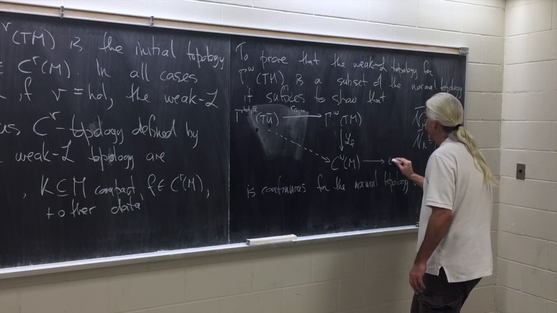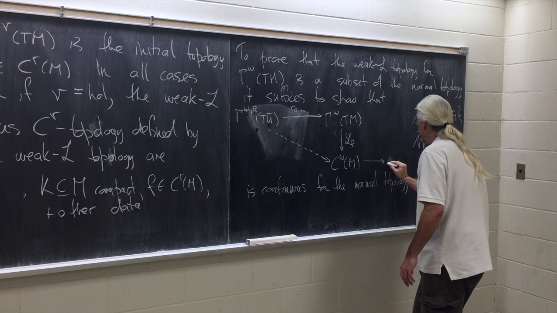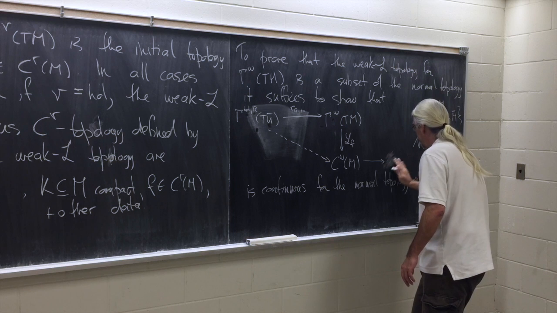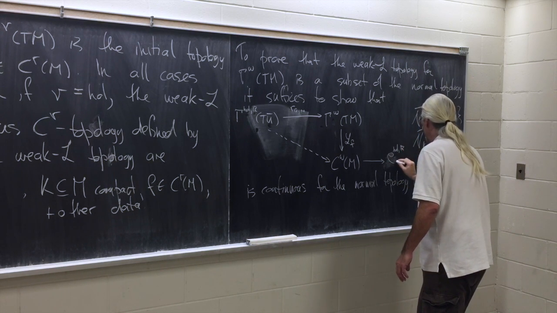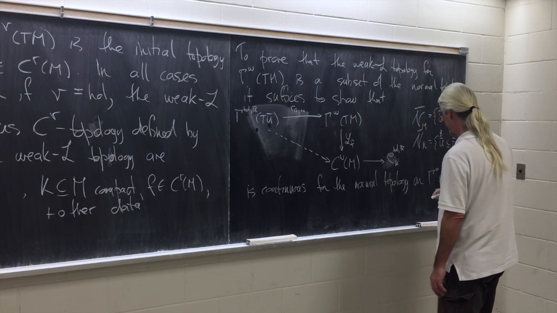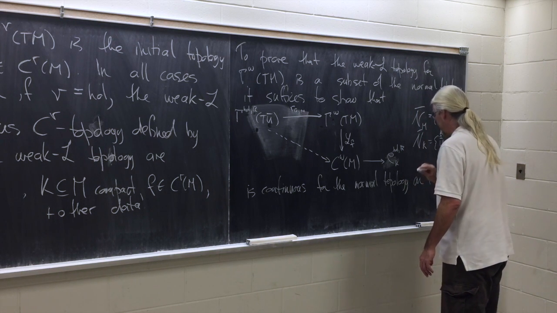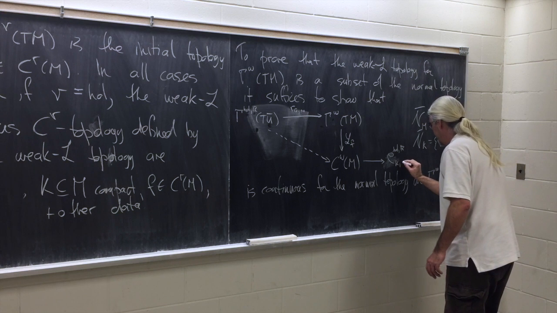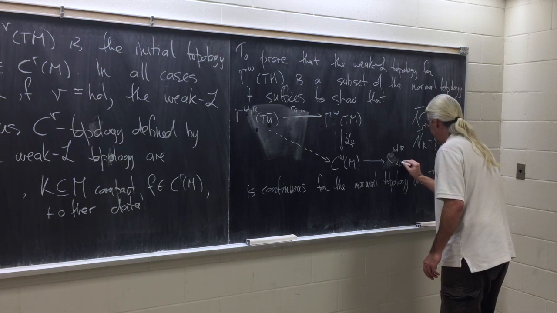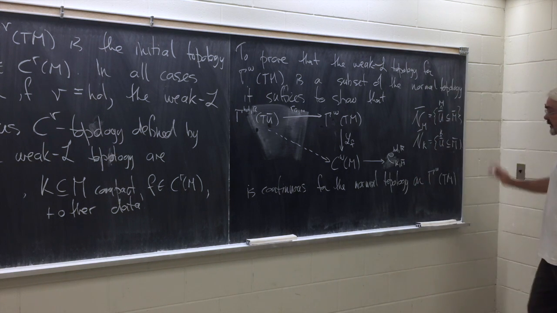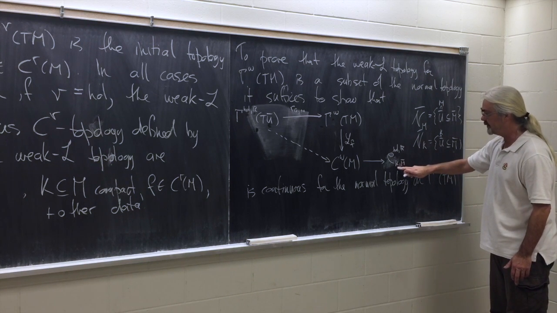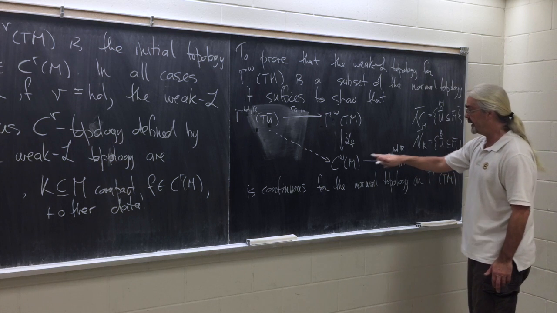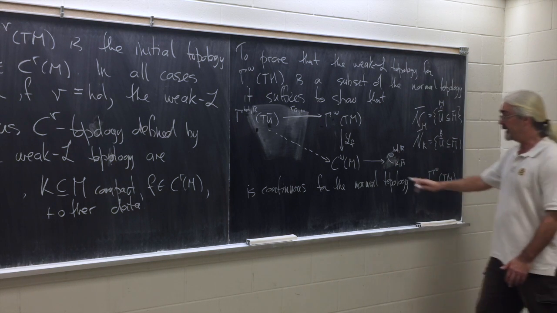Okay, so these are germs of holomorphic functions around the compact subset K, and we had mappings like this. So what's the mapping here?